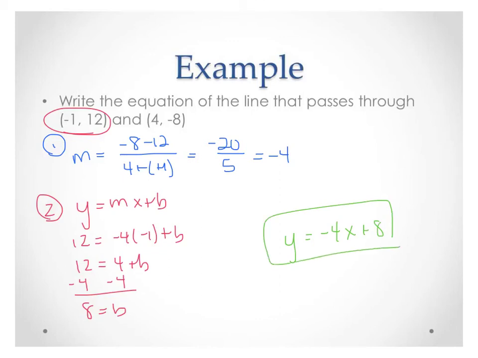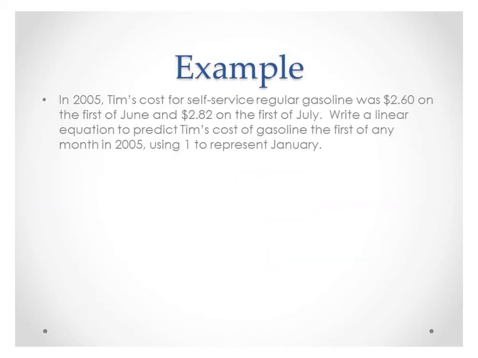Alright, one more word problem. In 2005, Tim's cost for self-service regular gasoline was $2.60 on the 1st of June and $2.82 on the 1st of July. Write a linear equation to predict Tim's cost of gasoline on the 1st of any month in 2005, using 1 to represent January.